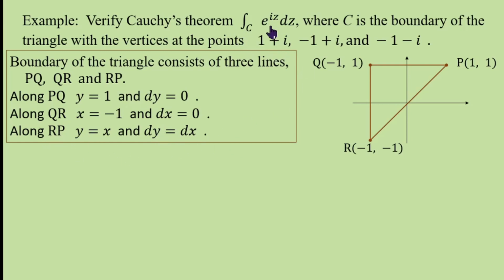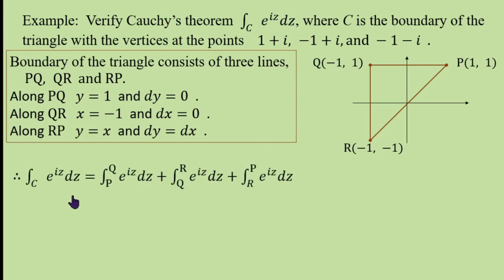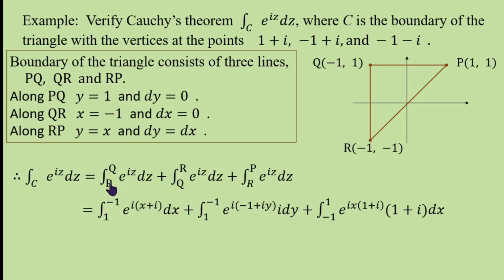Therefore integral over C of e power iz dz is nothing but integral from P to Q plus integral from Q to R plus integral from R to P. Now z is x plus iy, dz is dx plus i dy. Carefully substitute.